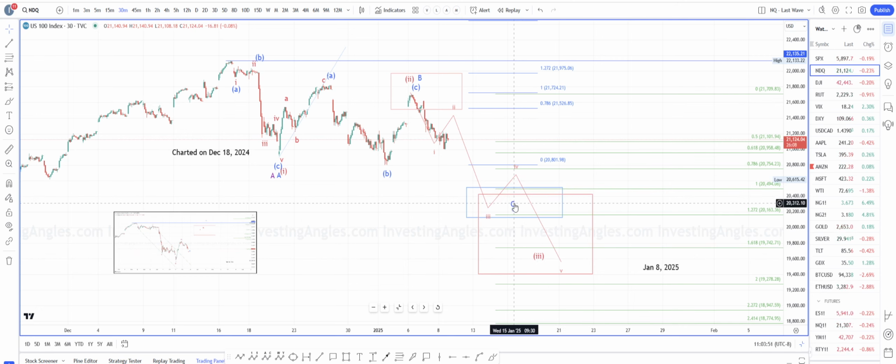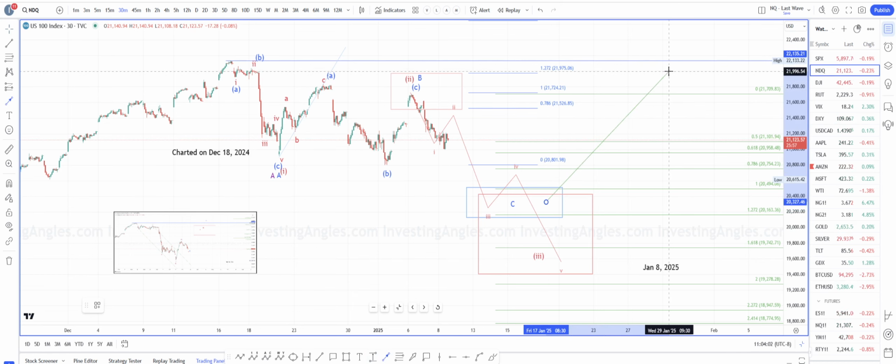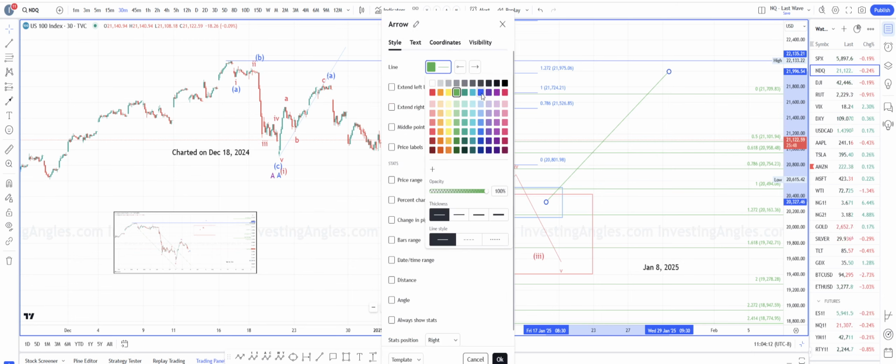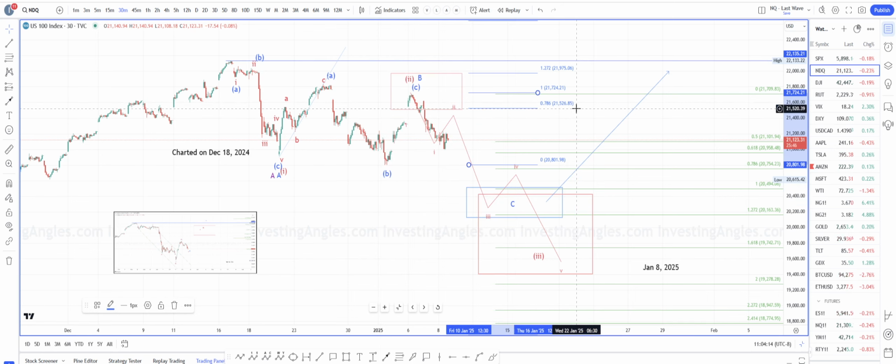The blue one is a lucky path, where the correction would end there, and we will see something like this after it hits the target. But again, this is a lucky path, and we are highly skeptical about it right now, based on what we are seeing in technical development and candles development. All right, so that's Nasdaq.